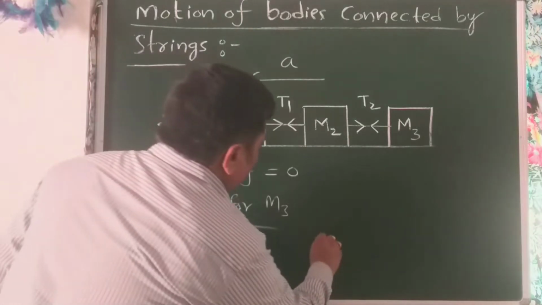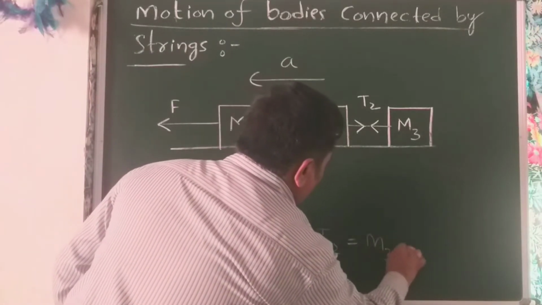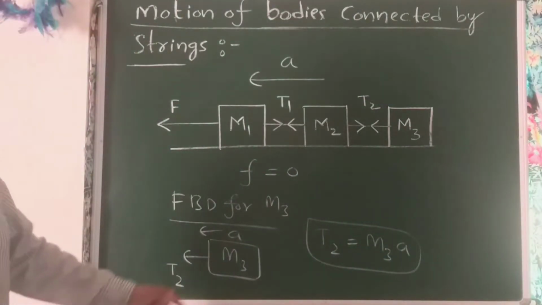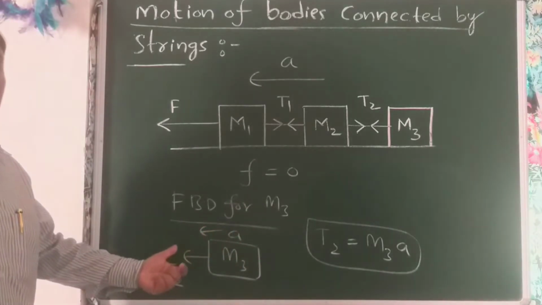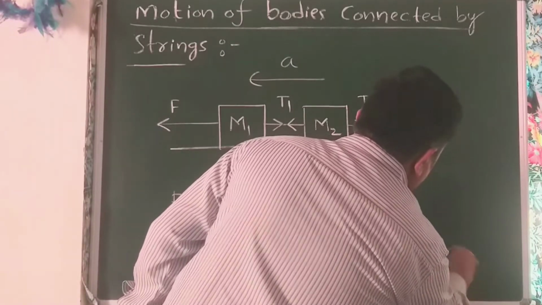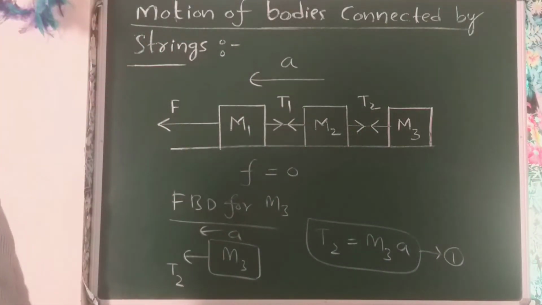Directly, T2 is equal to M3A. Here M3A is the net force acting on mass M3, which is equal to the tension T2. This is equation 1.